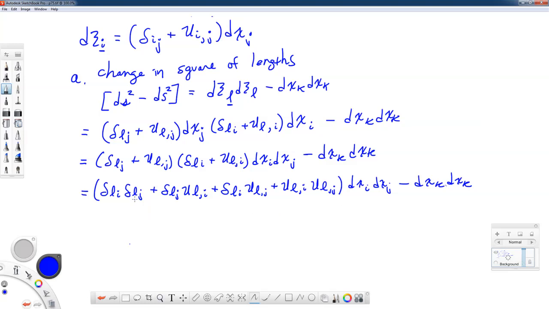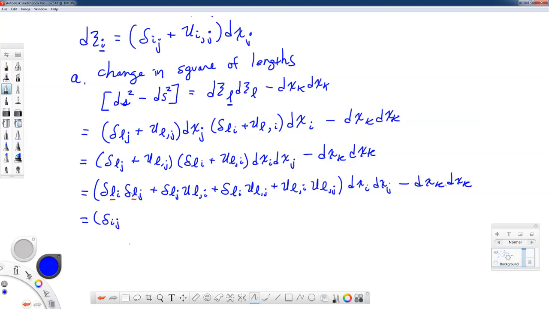Alright, now we know that we can use the Kronecker delta as a replacement operator on indices. Just to review, when we have an index in common with a Kronecker delta in any other term, doesn't have to be another Kronecker delta, what we can do is we replace that repeated index with this index right here. Okay, so on our first term, we have Kronecker delta I, j.